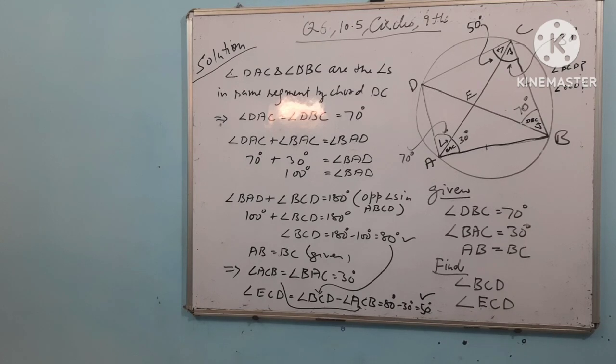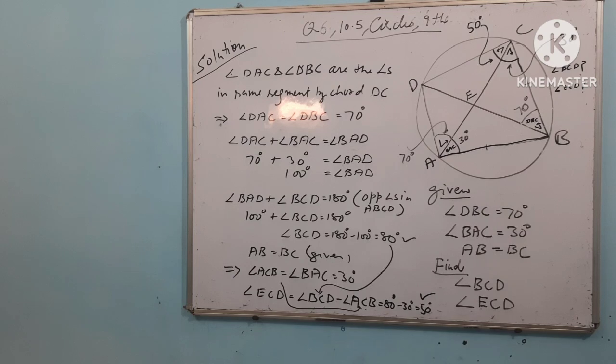So, if angle BAD is 100 degrees, then BCD would be 180 minus 100 degrees equal to 80 degrees, because the sum of opposite angles in a cyclic quadrilateral is equal to 180 degrees.